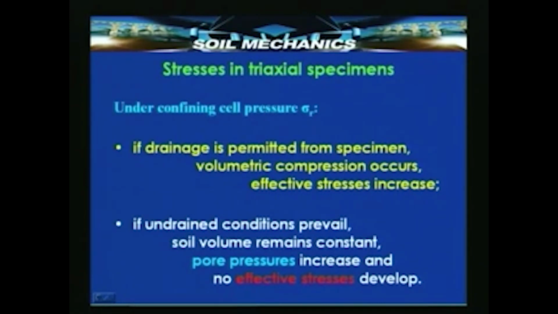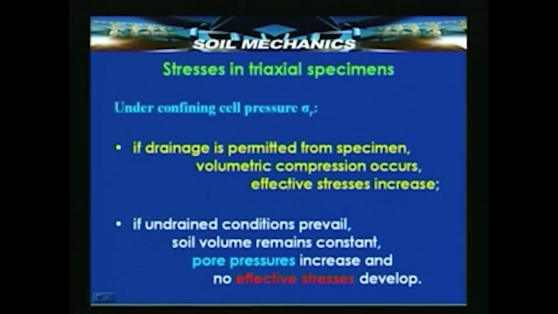Since the behavior of a soil under stress is very much controlled by the stress that it has experienced in situ, we must recreate the in situ stresses in the specimen that we use in the lab, and that is the reason why we apply a confining cell pressure sigma r, whose magnitude is equal to the confining pressure that is expected to exist at the depth from which this specimen has been collected.